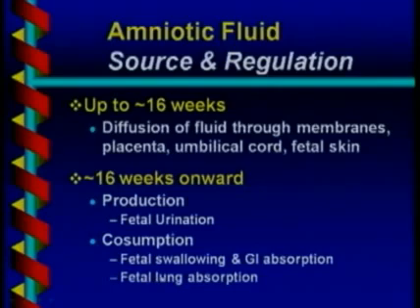The reason this is worth knowing is that if there's a production problem, where fetal urine isn't being produced, or there's bilateral obstruction to urine flow, you'll have oligohydramnios. If there's a consumption problem, such as with esophageal atresia, where the baby can't swallow the fluid and therefore consume it in its GI tract, there will be polyhydramnios.